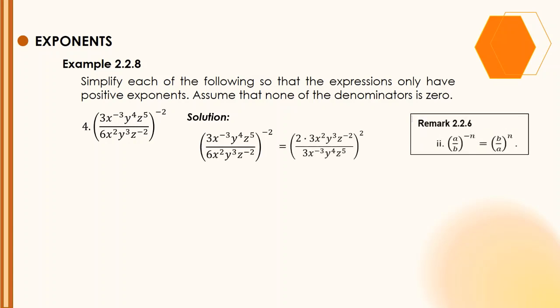So recall nyo yung remark 2.2.6. Pag yung n nyo is negative, ang gagawin nyo na lang is baliktarin nyo yung fraction at tanggalin yung negative sign. So, katulad nito ng number 4, may negative tayo na exponent. Yan ay negative 2. So, babaliktarin natin yung fraction. Kaya, ito yung result niya.